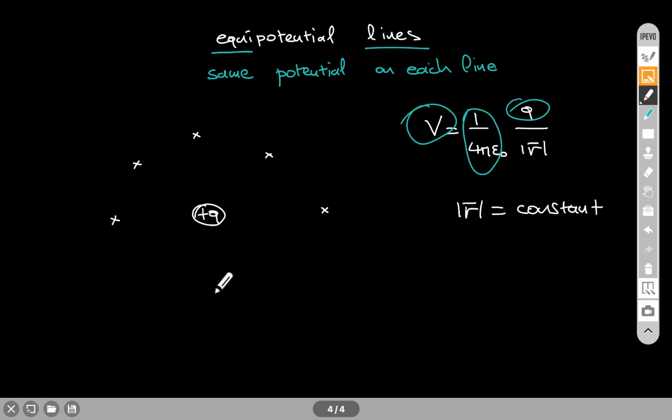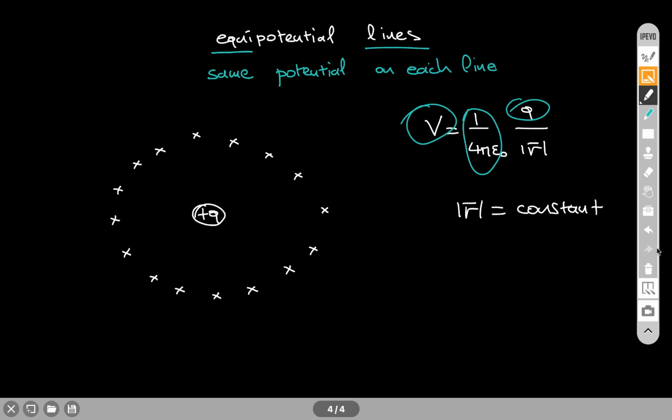I hope you can see the pattern. At all these points, I've tried to maintain a constant distance. If you keep doing more of this, you're gonna see the pattern. The equipotential line for a point charge is simply a circle.